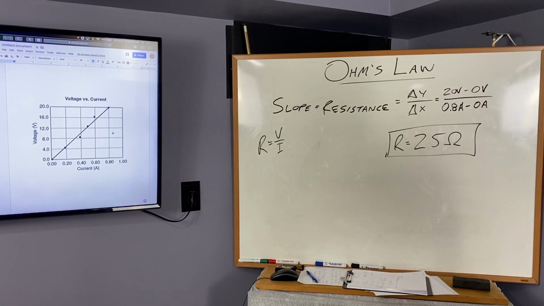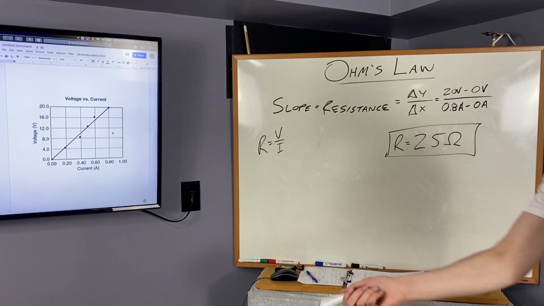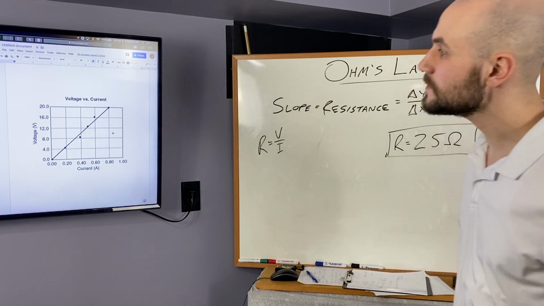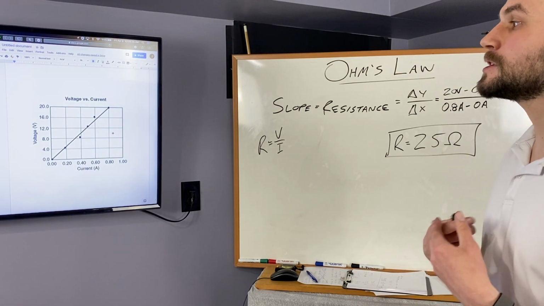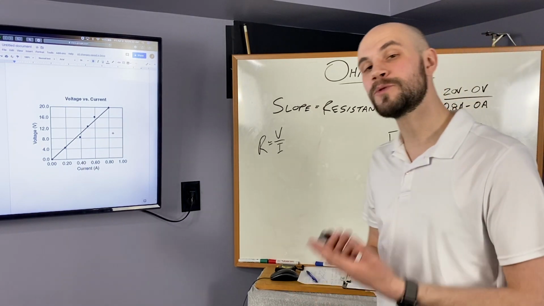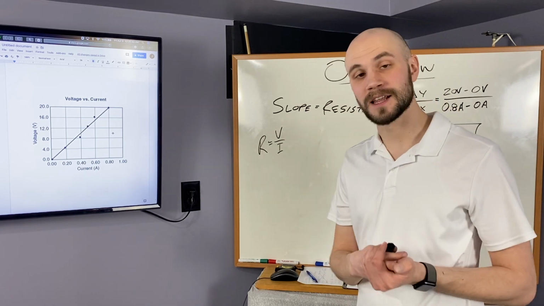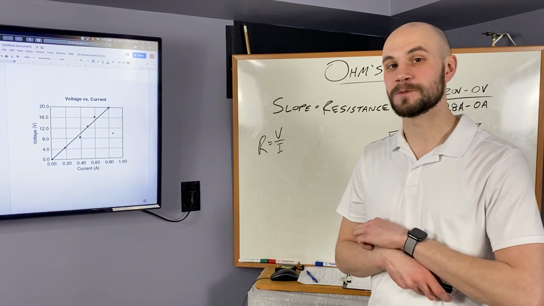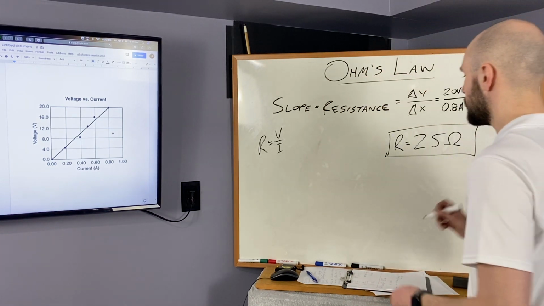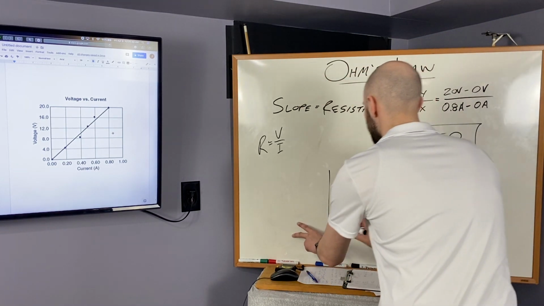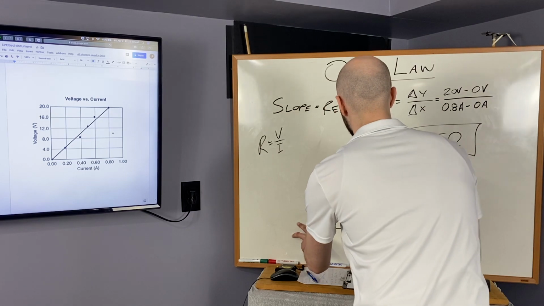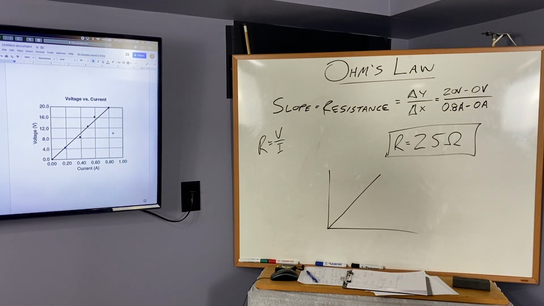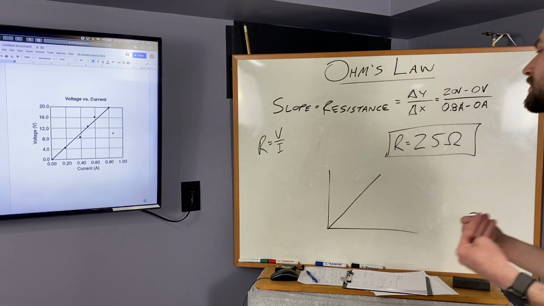And the very last question I'm going to ask you for this video. Let's say I hooked up another device that has a lower resistance than the device we analyzed here. What would that data set look like? What would the graph look like? Here's the graph that we have for our current device. What would the slope look like if the resistance were less?